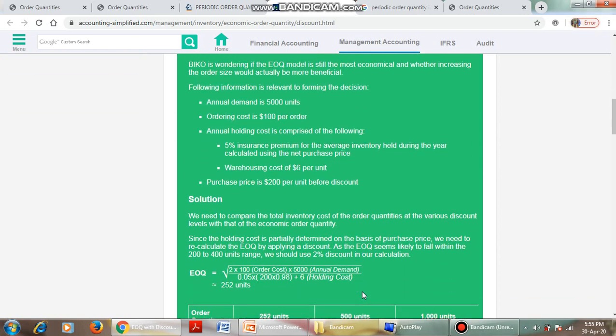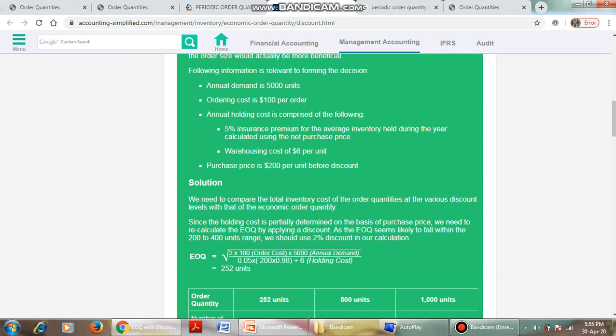Okay. Now let us see here. As simple, we have calculated the EOQ. What is the formula for EOQ? EOQ is equal to the square root of 2 into ordering cost into annual demand, divided by holding cost. 5% is insurance, that is 0.05 into 200.